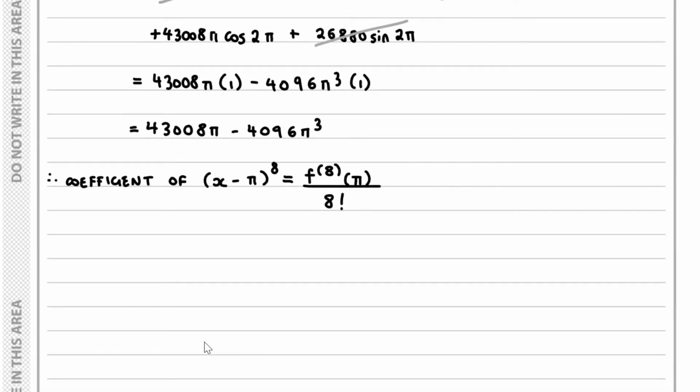So now if we work all of this out, we have found out what the 8th derivative is at x equals pi, that's over here. And then we divide this by 8 factorial.